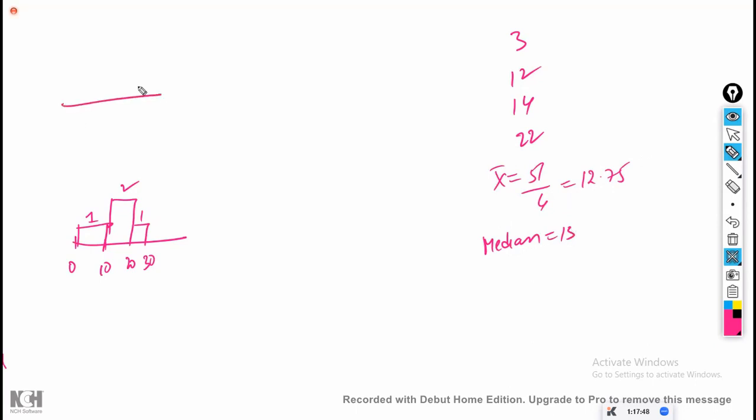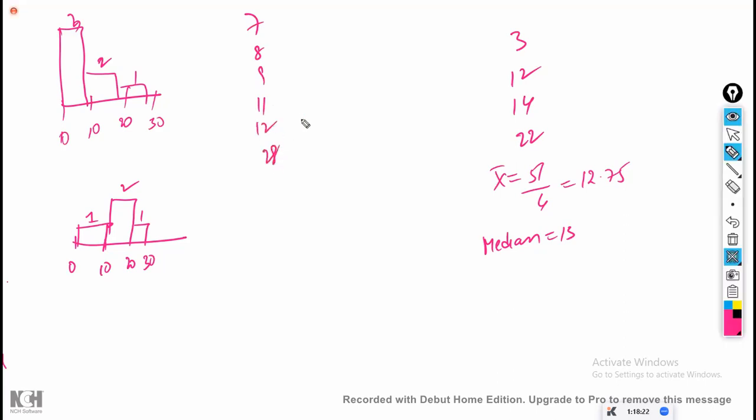Now, let us take one more example from 0 to 10, 10 to 20, 20 to 30. This time you draw the heights: 2 values from this, 3 values, 2 values, 1 value. Is it right skewed or left skewed? 0 to 10, 3 values: 7, 8, 9. 10 to 20: 11 and 12, 20 to 30: 28.